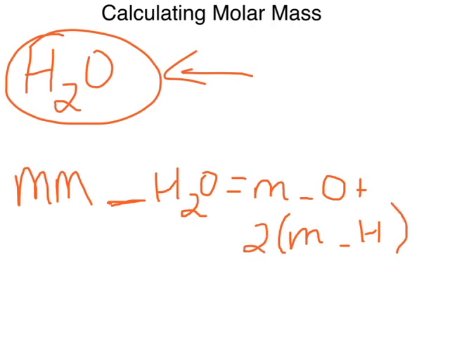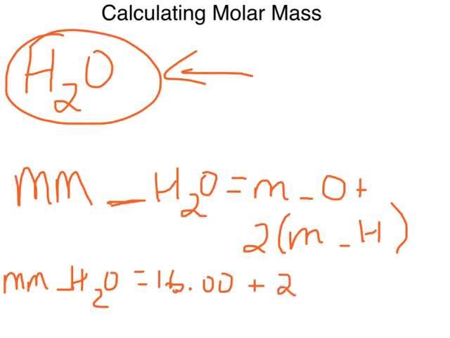Okay, and that's going to mean that the molar mass of H2O is going to be equal to 16.00 plus 2 times 1.01, which is 2.02, for a grand total of 18.02.